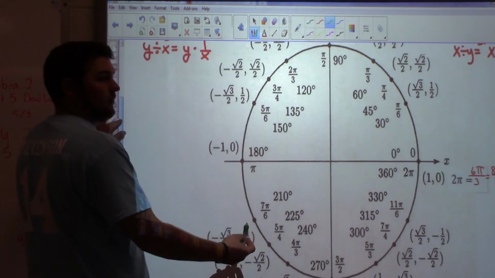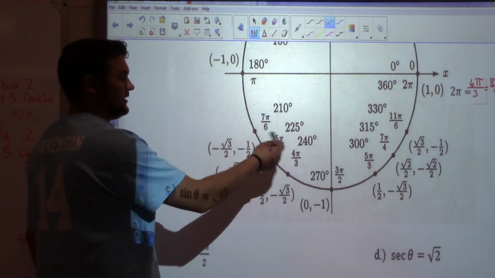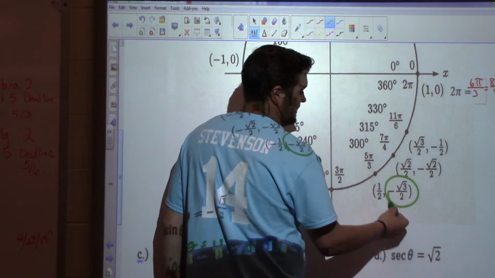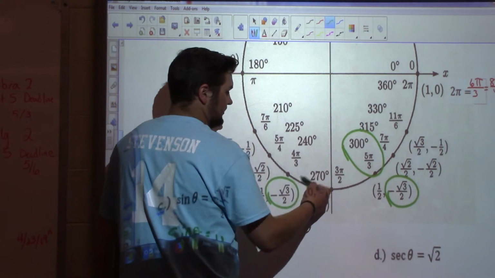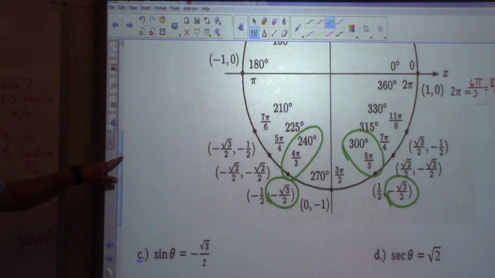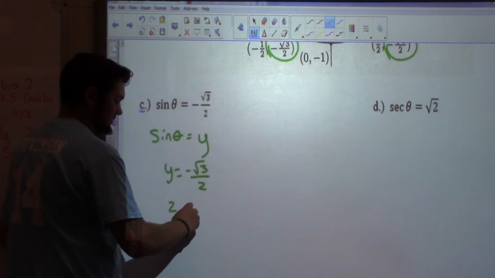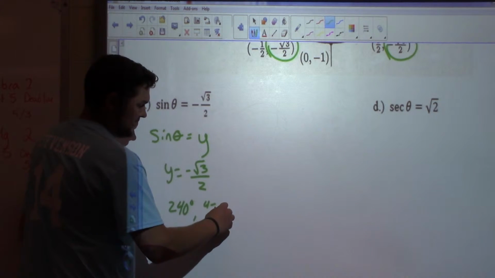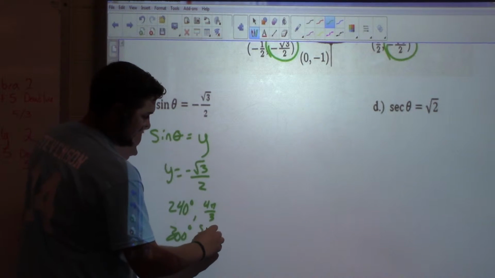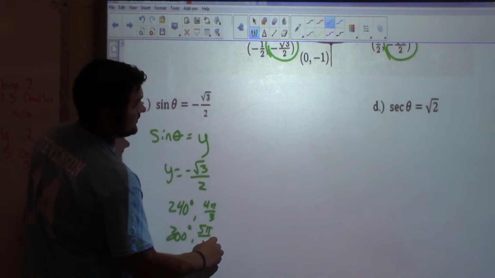Well, y would be negative down here. So, negative square root of 3 over 2, boom. Those are my 2 answers. 240 degrees, 4 pi over 3. 300 degrees, 5 pi over 3.